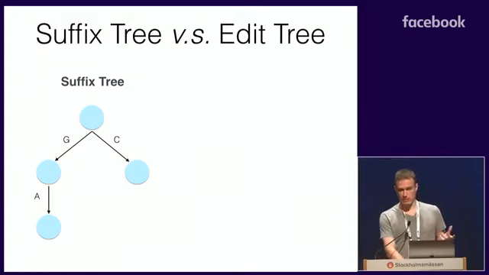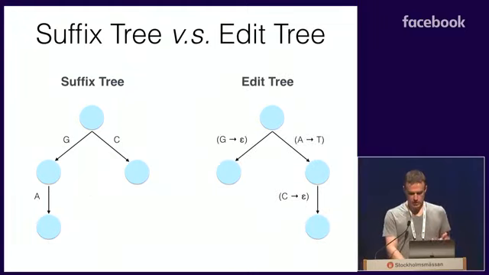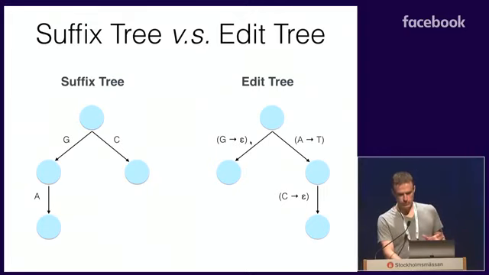And so if you had a sequence ending in AG, you would go down G then A, look up the sufficient statistics stored in this vertex and use that to make your forecast. In the edit tree, the edges are actually labeled by pairs of symbols. So that means any vertex corresponds to, rather than a sequence, an alignment of two sequences.